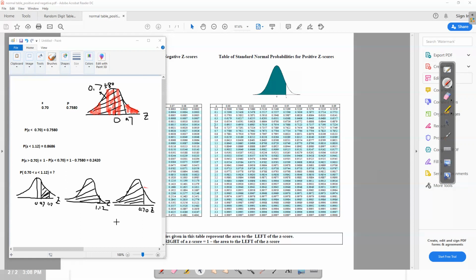So for the 3 areas, what's the relationship? This area is from 1.12 all the way to the left, and this area is from 0.7 all the way to the left. With a little geometry, you can see the first area will equal the difference of the other 2 areas, right?